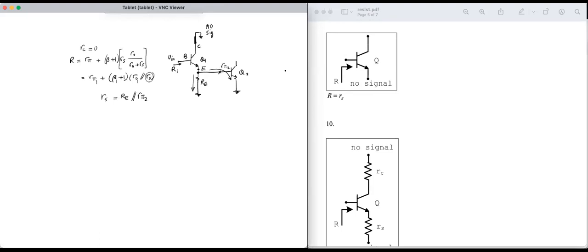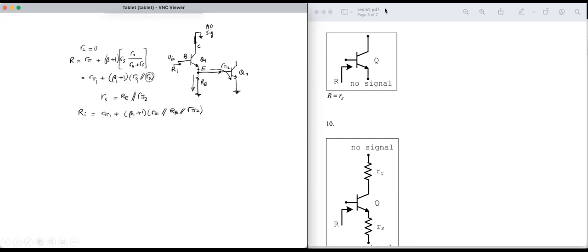So that's a small RS, and the input resistance is therefore R pi 1 plus beta 1 plus 1 times RO1 in parallel with RE and parallel with R pi 2. So that's the input resistance.